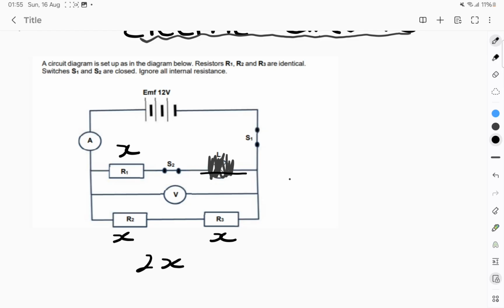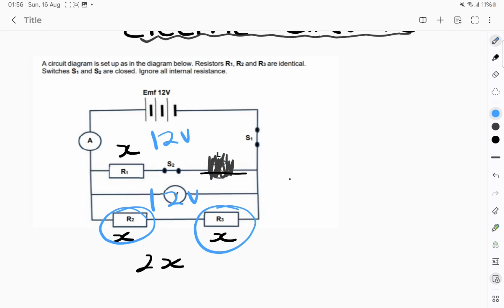Now look at this. If they asked you what happens to the voltage, we know that the voltage is not going to change. Both branches are going to get the same voltage. But now let's look at the current in each resistor. I know that that resistor and that resistor are basically going to fight for the 12 volts that comes here, whereas this one is using up the 12 volts alone, and we know that for a constant resistance, more volts means more current.